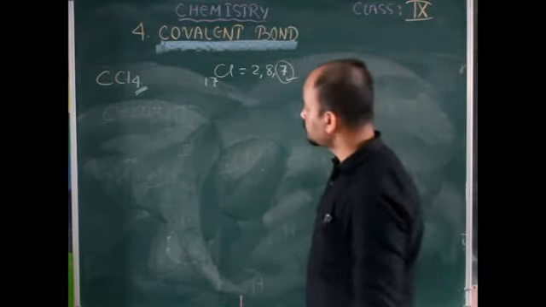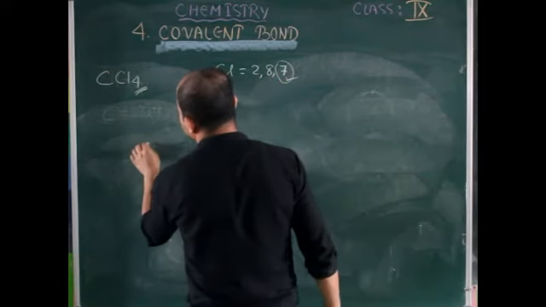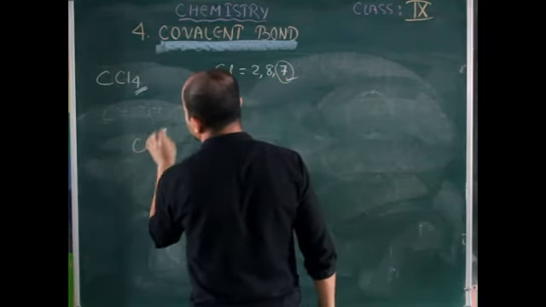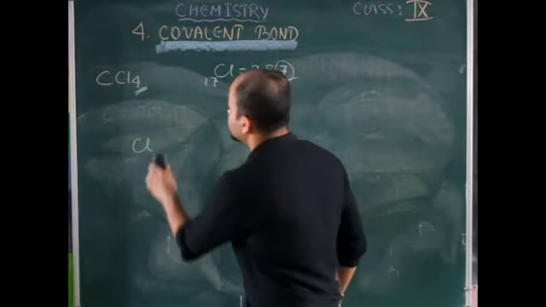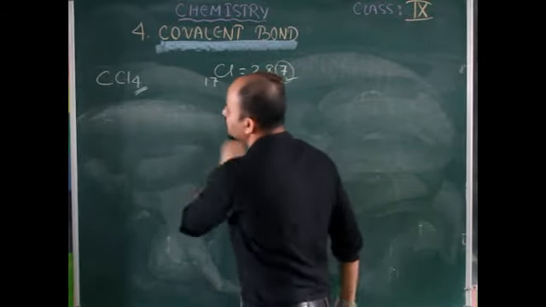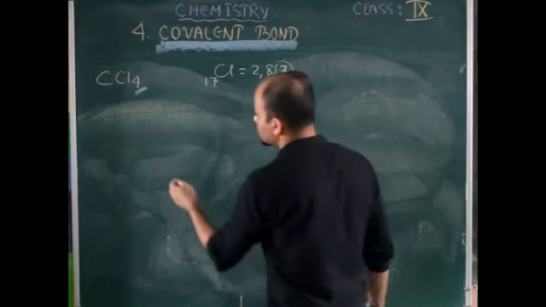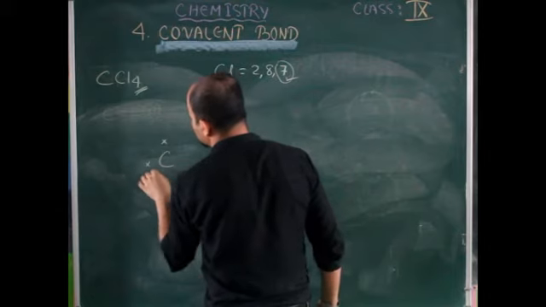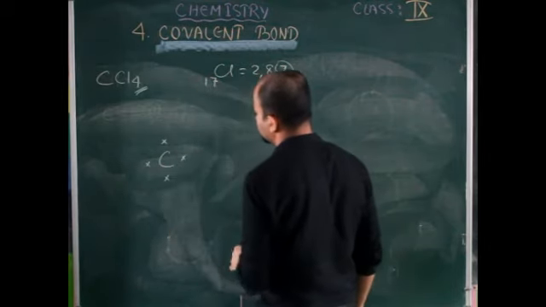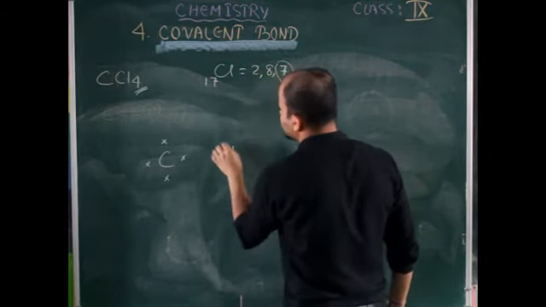So carbon, how many electrons does it have? Carbon has 4 electrons in the valence cell: 1, 2, 3, 4. And chlorine has how many?